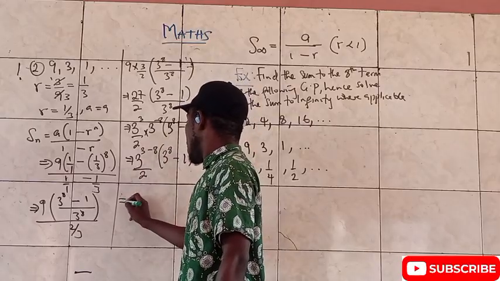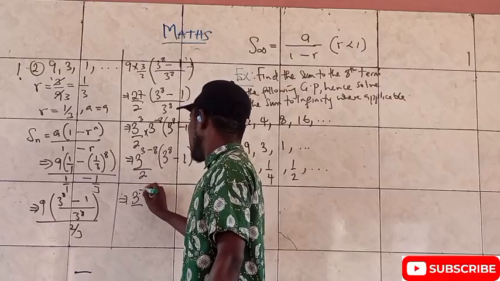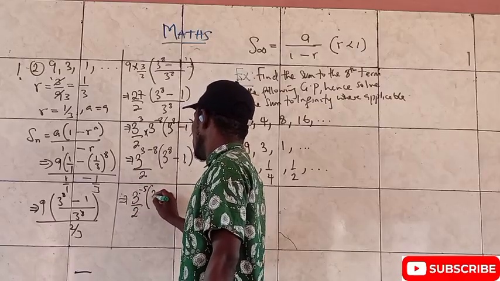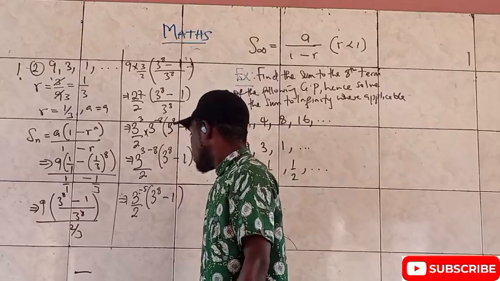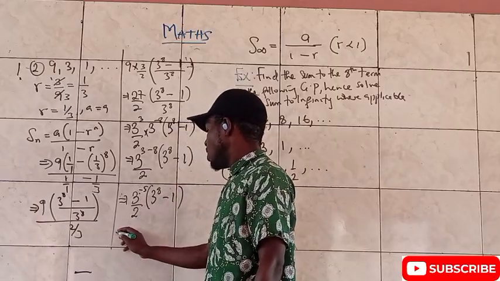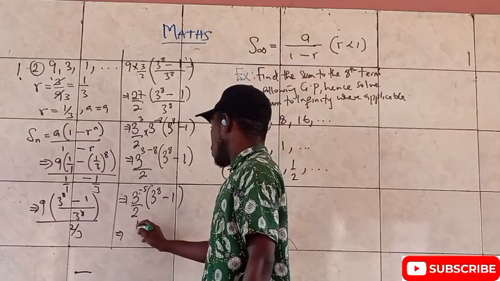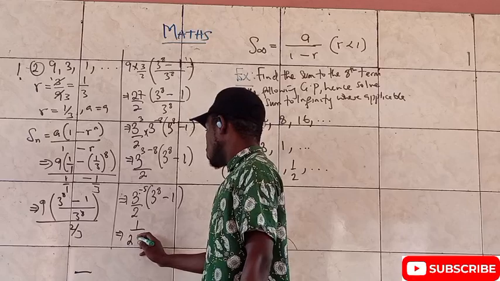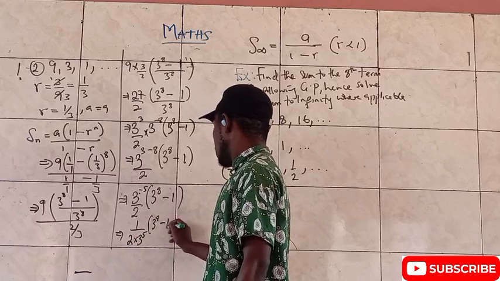So eventually, what do I have? 3 raised to power minus 5, over 2, times 3 raised to power 8 minus 1. Finally, you know that this can come down according to the inverse law. You can check our lessons on indices. Then it becomes 1 over 2 times 3 raised to power 5, times 3 raised to power 8 minus 1.